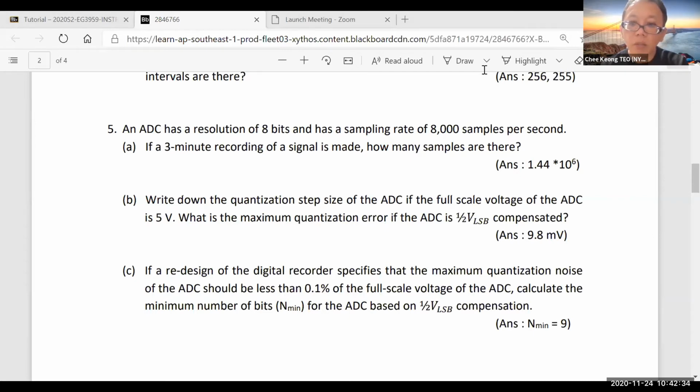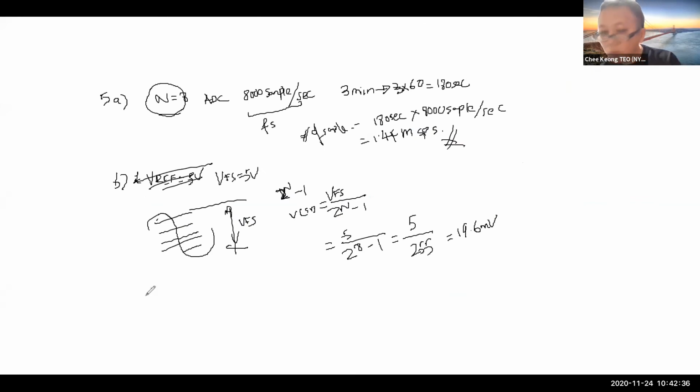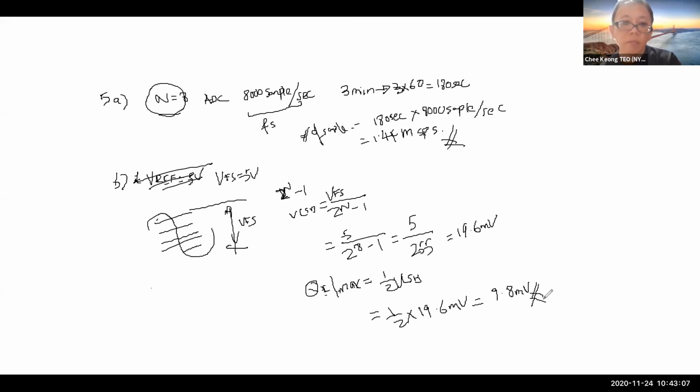Your maximum quantization error will therefore be equal to half VLSB, which is half times 19.6 millivolt, which will give you a value of 9.8 millivolt, right? So this is your answer for part B.